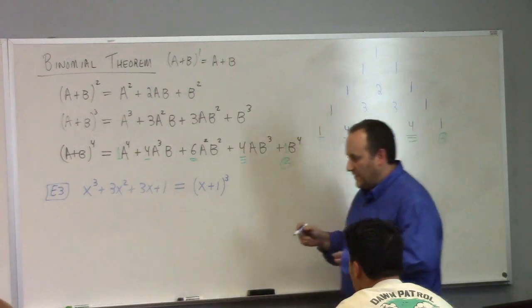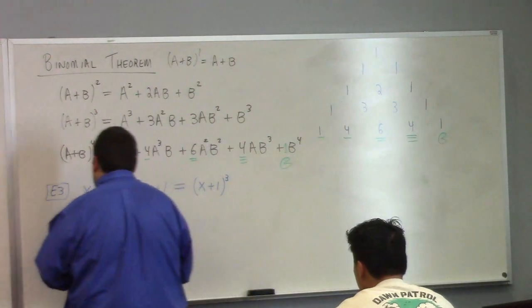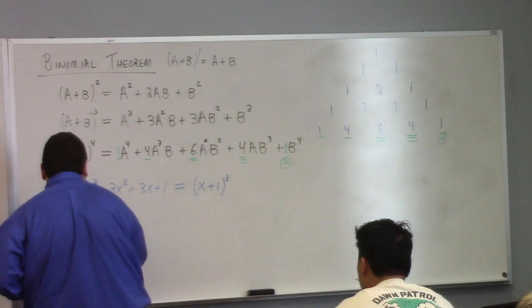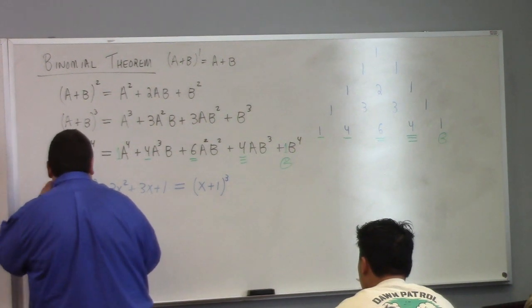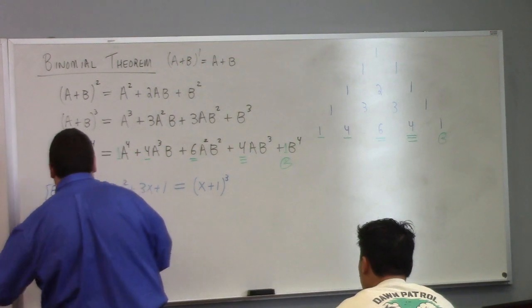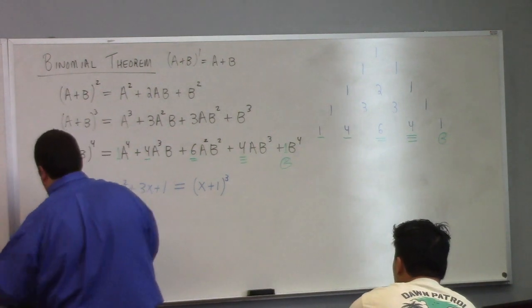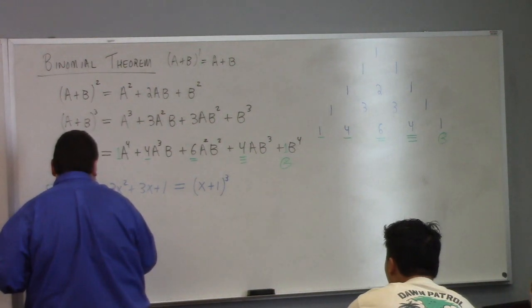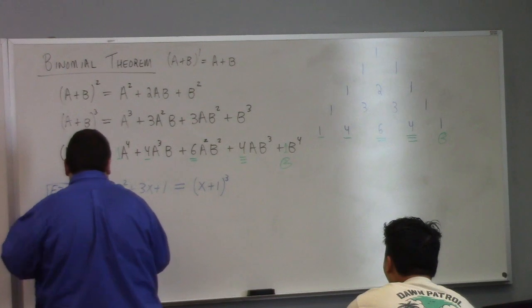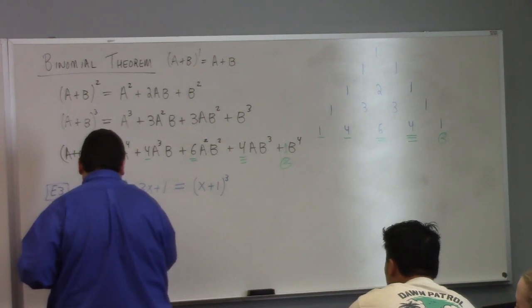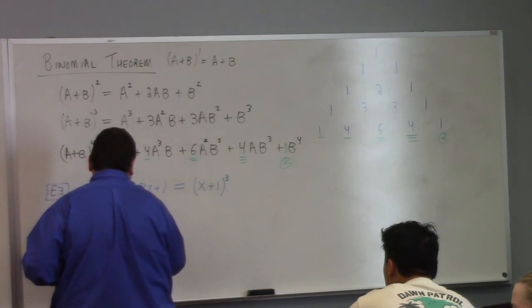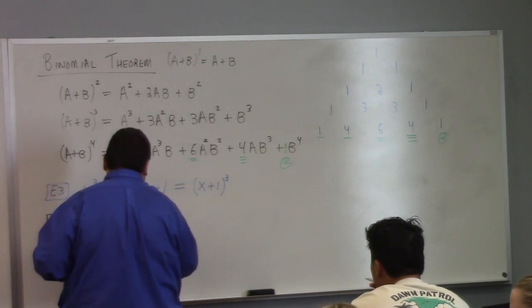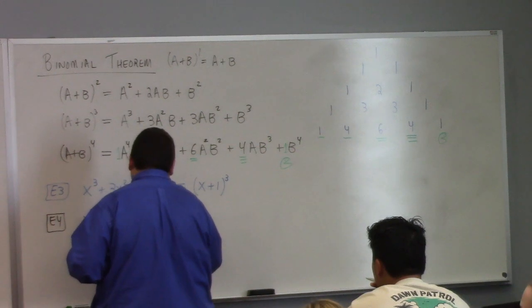Now, let me do another one here. What if we're up against 8x cubed plus, let us say, 9x squared plus 81x plus 27?